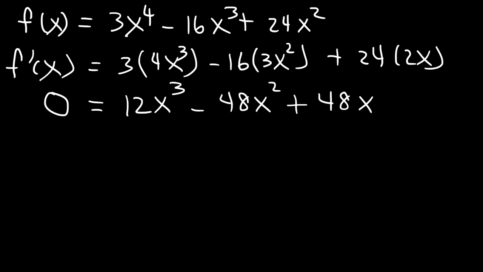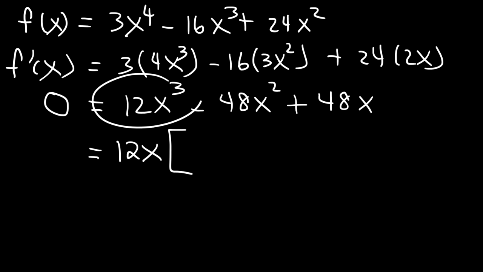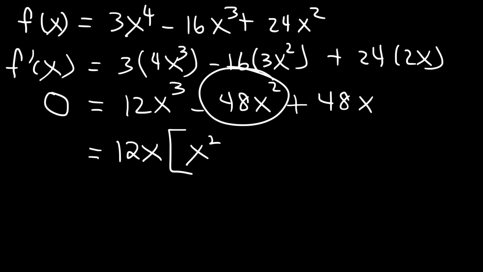And now let's take out the GCF. The greatest common factor is going to be 12x. 12x cubed divided by 12x, that's going to be x squared. And negative 48x squared divided by 12x, that's going to be negative 4x.